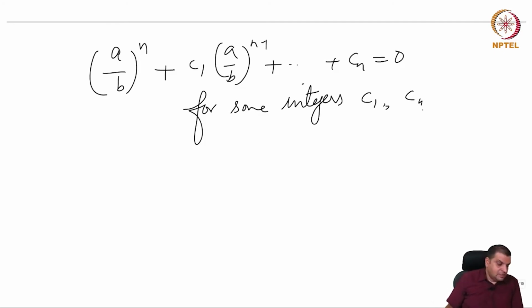Let's multiply by b to the n. Then we would get a to the n plus, there's only n minus 1 copies of b here, so when we multiply, we would have a b in all these terms. So some b times some c prime is 0 for some integer c prime.